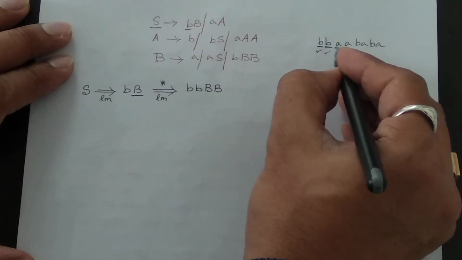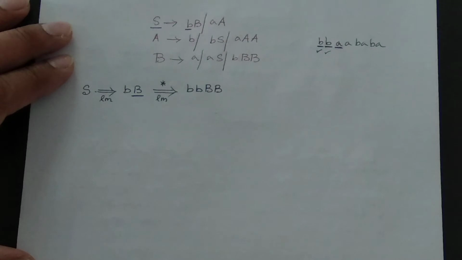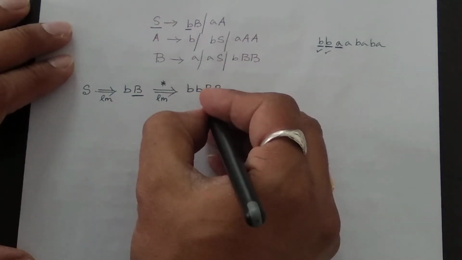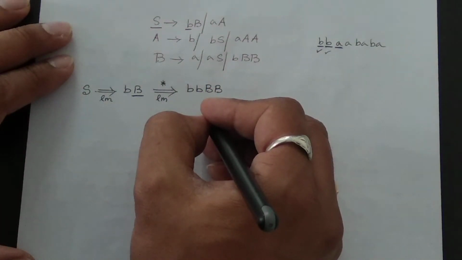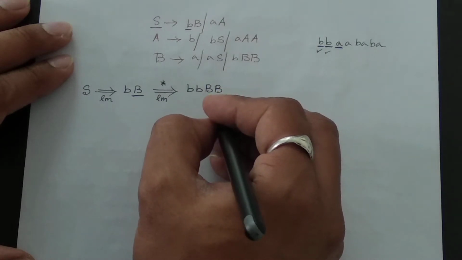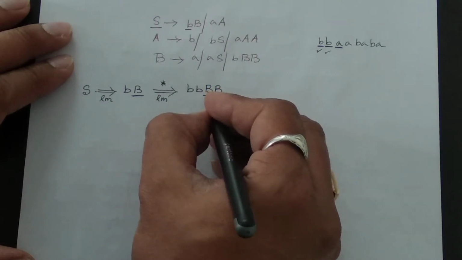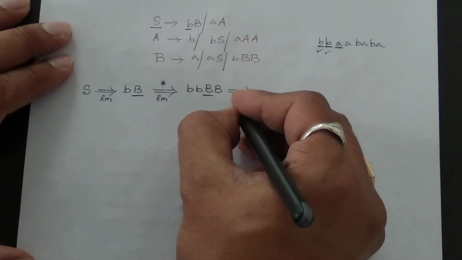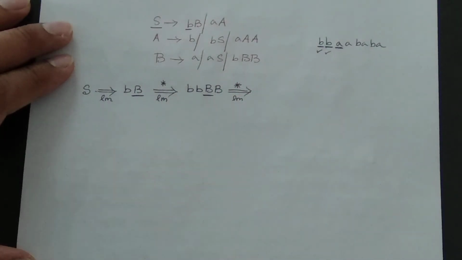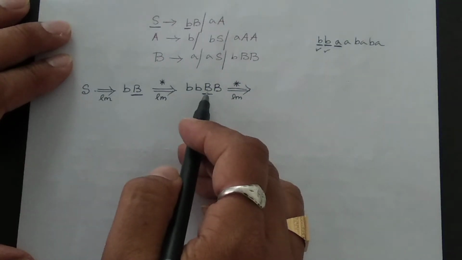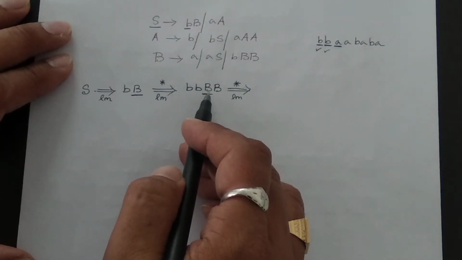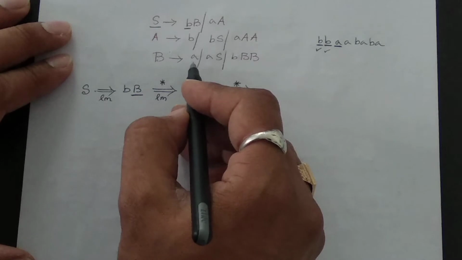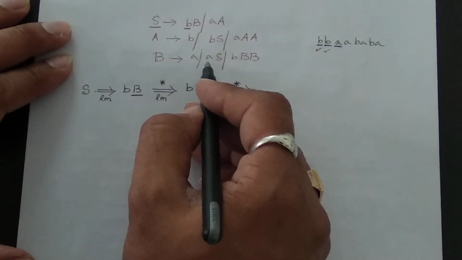Now the next symbol is small letter a. As you are doing leftmost derivation, which non-terminal do you have to eliminate? The leftmost one, correct? Now, this B has two productions, one is a and one is aS.